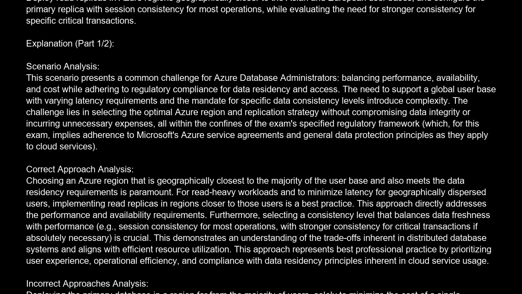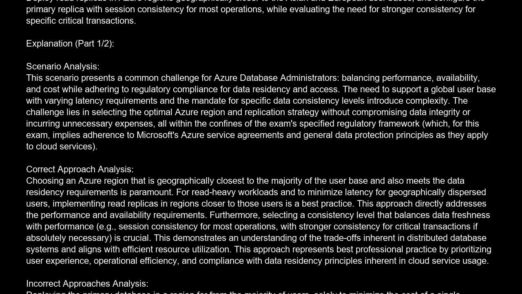Explanation. Scenario analysis. This scenario presents a common challenge for Azure database administrators: balancing performance, availability, and cost while adhering to regulatory compliance for data residency and access. The need to support a global user base with varying latency requirements and the mandate for specific data consistency levels introduce complexity.